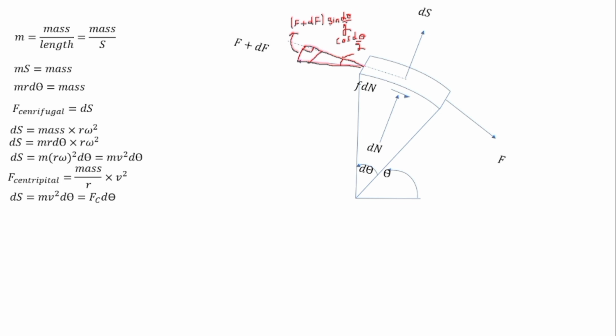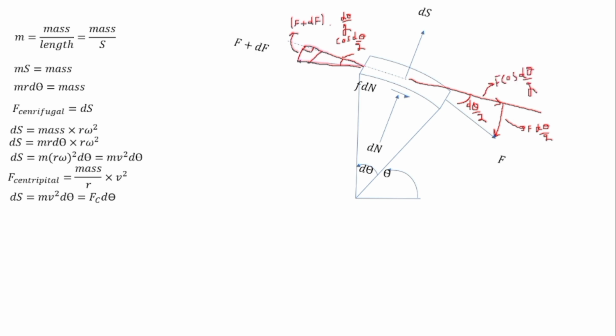So sin d theta by 2 will be equal to d theta by 2. So instead of sin d theta by 2, we will put d theta by 2. And similarly, you can do the same for this force as well. So this component will be f d theta by 2, because sin d theta by 2 will be equal to d theta by 2. And similarly, this component will be.